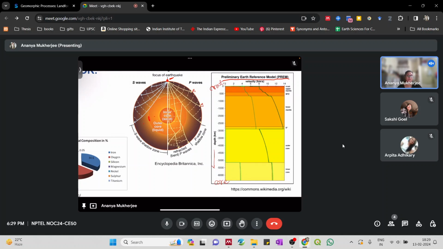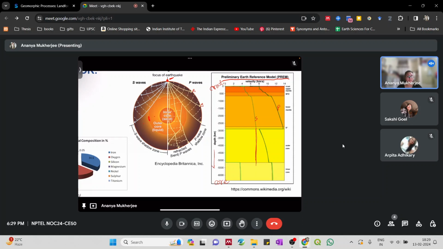So from the crust, if you go deeper towards your core, you can see that the velocity increases. This is your S wave and this is your P wave. You can see that through your outer core, most of your S waves are attenuated, as in they are no more passing through the outer core. That's why we can say that the outer core is liquid.